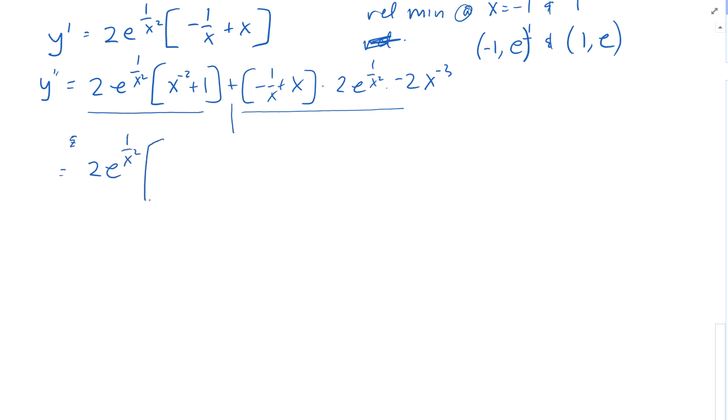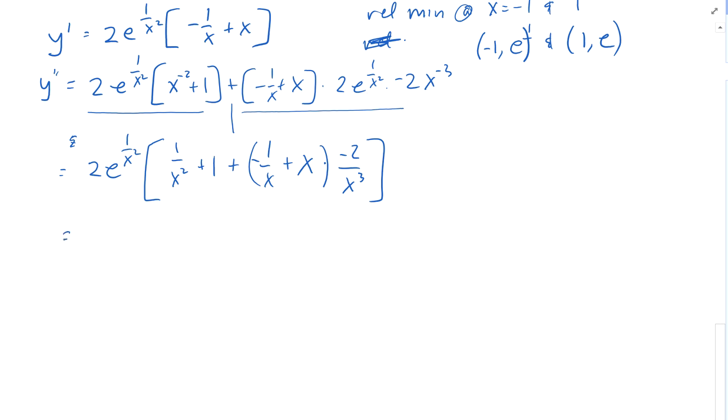And then what's left? We've got 1 over x squared plus 1, plus negative 1 over x plus x, times negative 2 over x cubed. I want to make sure I'm not making mistakes.